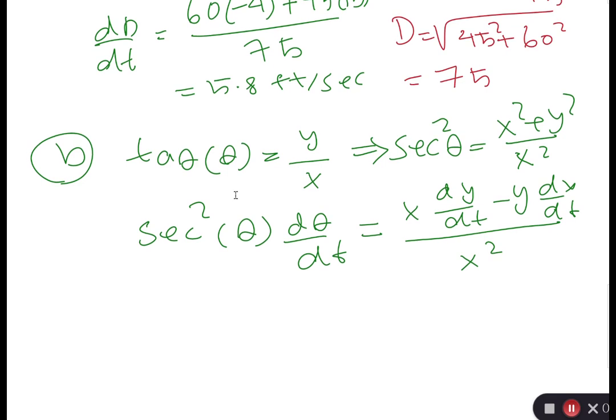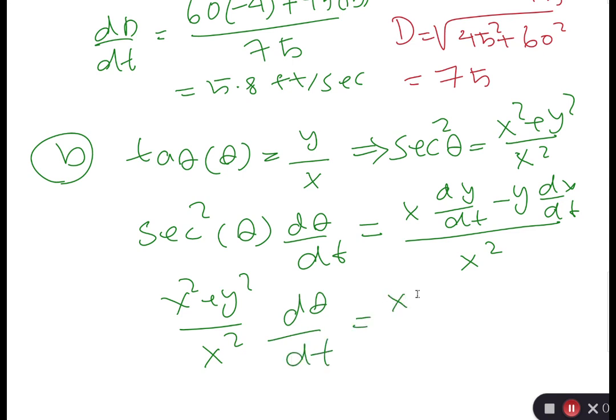So we have (x squared plus y squared) over x squared times d theta/dt equals (x dy/dt minus y dx/dt) over x squared.